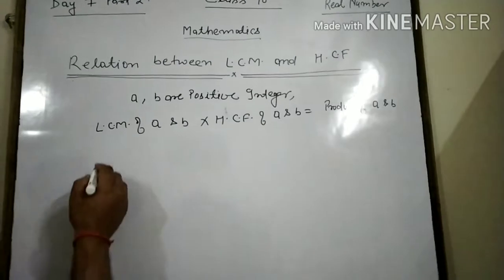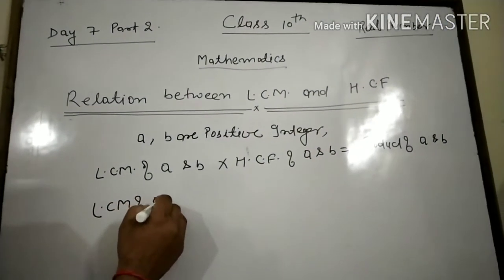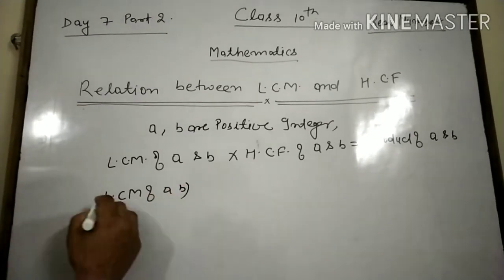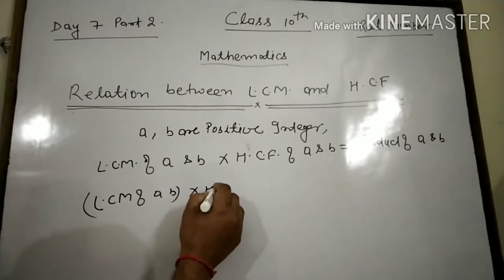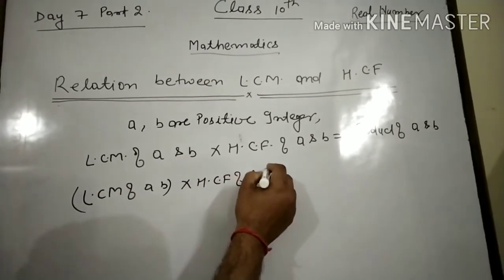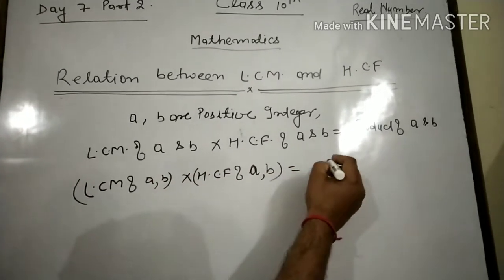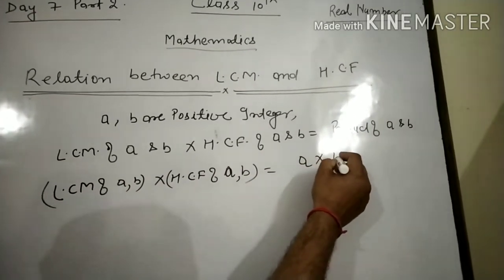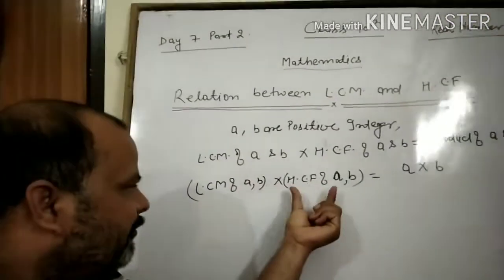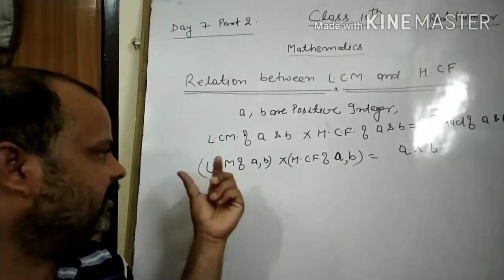It means LCM of A, B into HCF of A, B is equal to A into B. Here you see there are four different quantities.